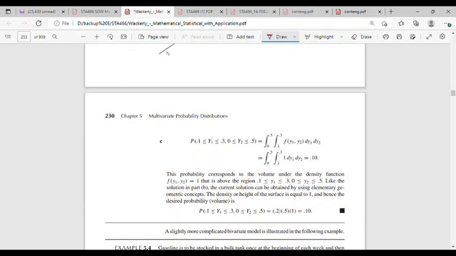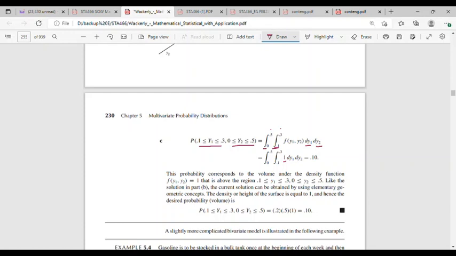It will be the integration of the function, which is 1, with respect to dy1 and dy2. Remember, if you do dy1, the limits here will be the values for Y1. The second one is Y2, so here are the limits for Y2. Don't mix them up. You can also integrate the function with respect to y2 and y1, but then the limits will change: here will be y2, here will be y1. You should get the same answer.